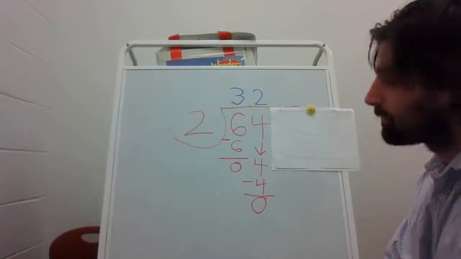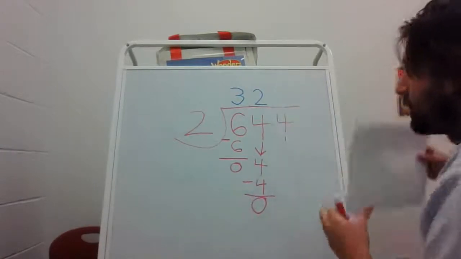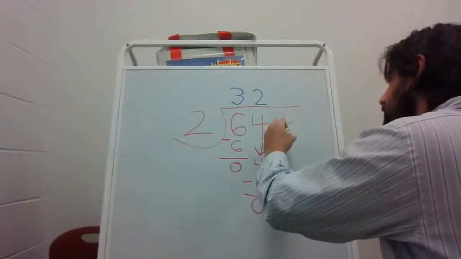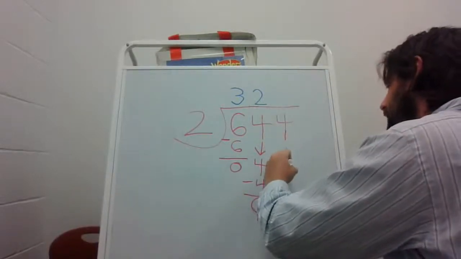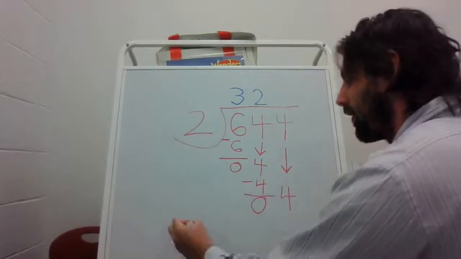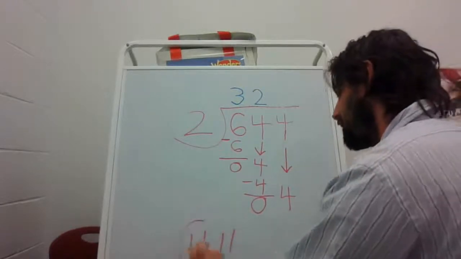All right, now the final number. I have to bring the final number down. So we're bringing down the final 4 over here. 2 goes into 4, so same thing. 4 tallies. I'm going to draw a circle around every 2 tallies.